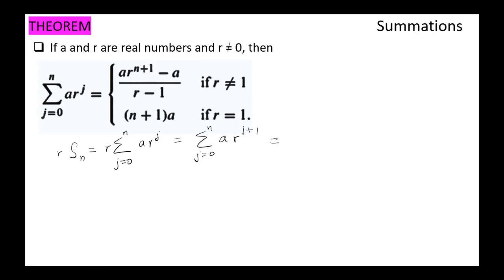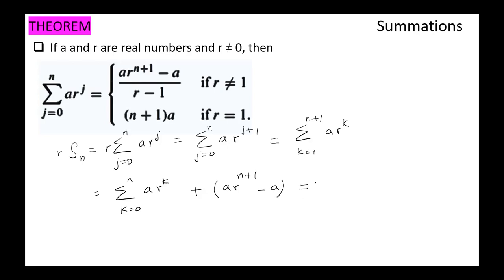And by shifting the index of summation with k equals j plus 1, we have the summation k equals 1 to n plus 1 of a r to the power k, which equals the summation k equals 0 to n of a r to the power k plus a r to the power n plus 1 minus a. We obtain this by removing the k equals n plus 1 term and adding the k equals 0 term.